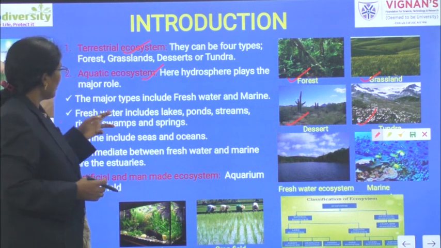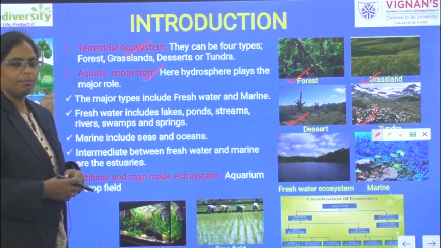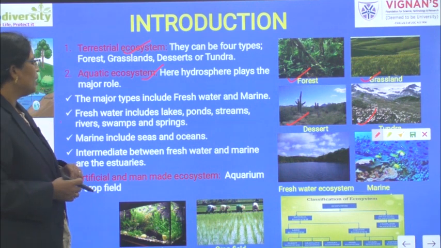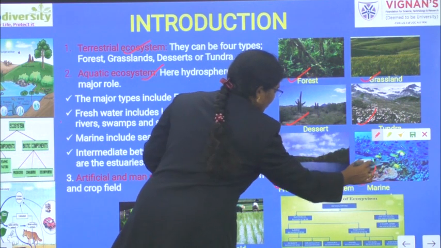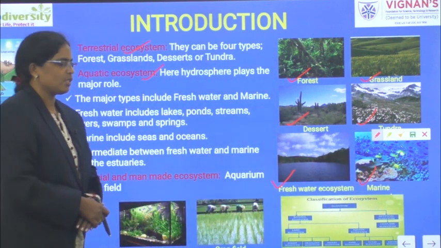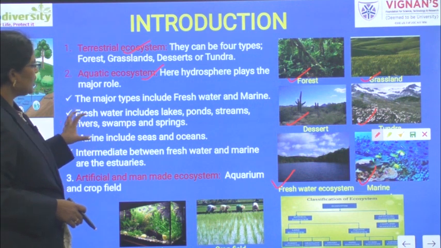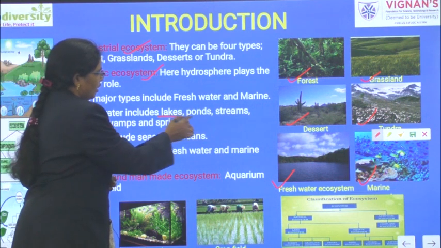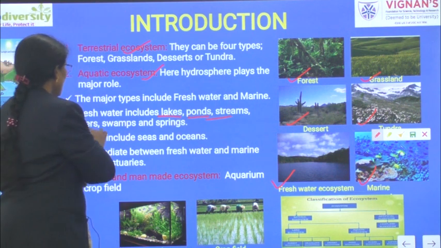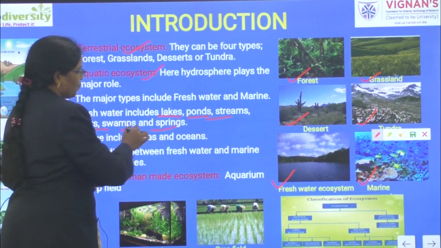And if you see the aquatic type of the ecosystem, mainly two categories are there. So those two categories are the freshwater ecosystem and second one is the marine water ecosystem. And here this freshwater, again in this freshwater, lakes are there, ponds, streams, and then rivers, swamps and springs.